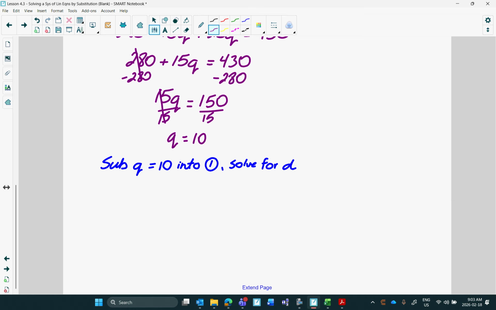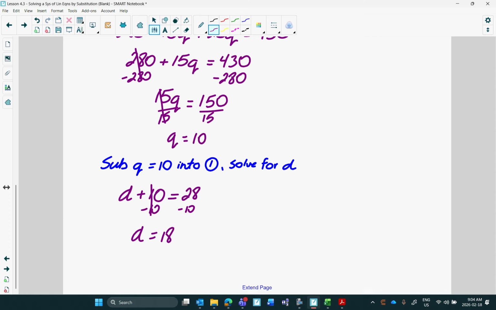So the first one was D plus Q, so D plus 10 is equal to, what was it? 28. Minus 10, minus 10, 18. D equals 18.